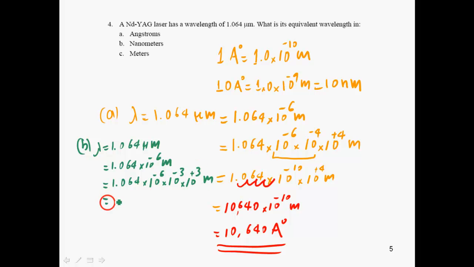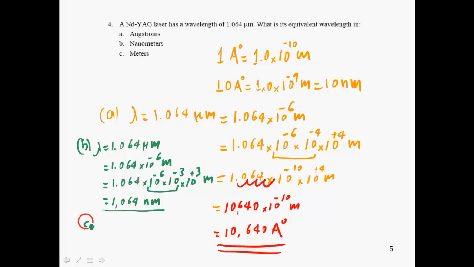That's meters. Those two together will give me the 10 to the negative 9, which is a nano. And now I'm going to do this quickly. I multiply 10 to the positive 3 by this number, which will move my decimal point 3 positions to the right, which is going to be 1064 times 10 to the negative 9 meters, or 1064 nanometers. Okay? So that's B.